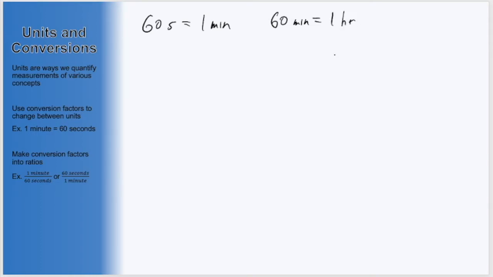Let's go ahead and list off a few more conversions. There are 12 inches in a foot, so 12 inches is equal to 1 foot. There are 3 feet in a yard, so 3 feet equals 1 yard.